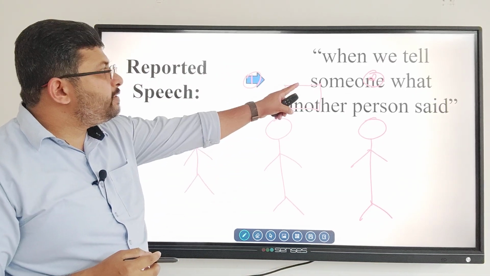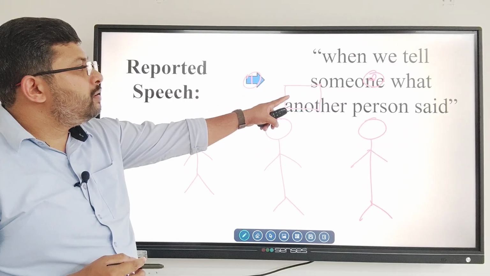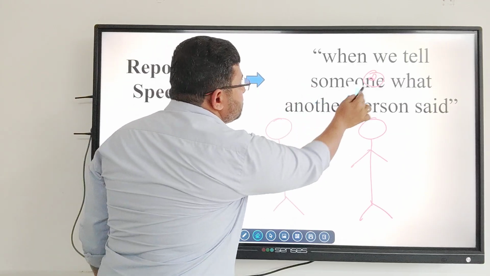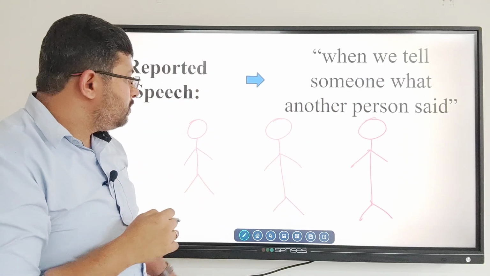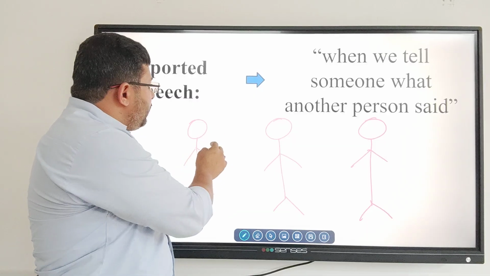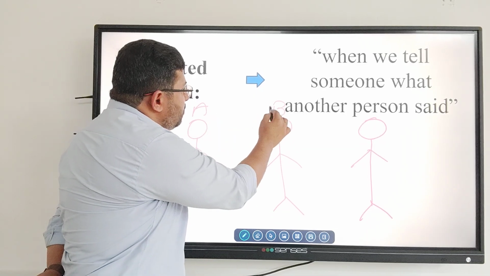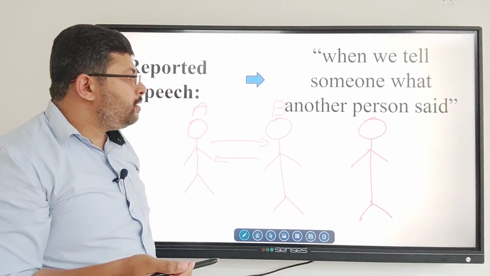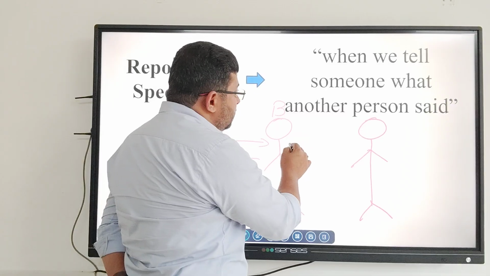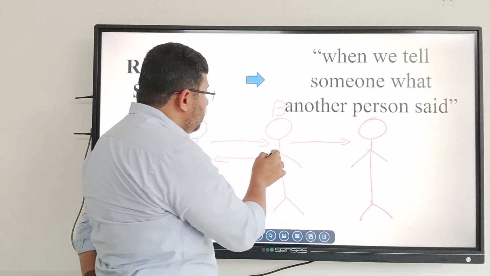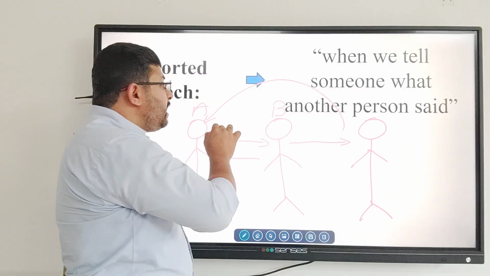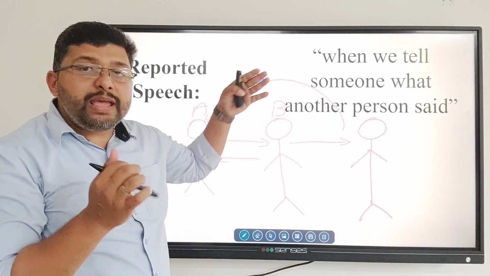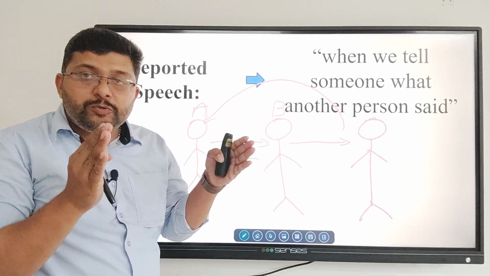See here, when person A and person B are having a conversation, it is direct speech. But when person B speaks to person C about what person A spoke, it is indirect speech. So that particular action will be expressed in reported speech.